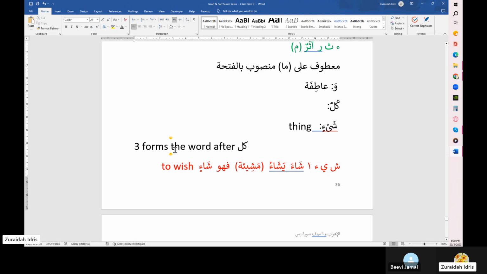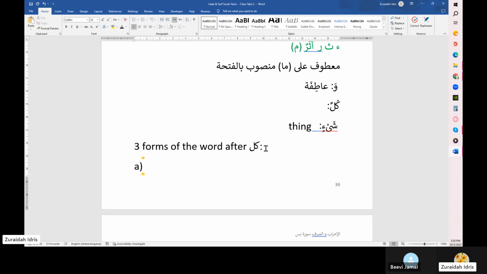And depending on what comes after it, the translation of kulla will change. So if the word is like this, shay'in, which is common, not proper, and singular, how would we translate it then? We still use the word thing.